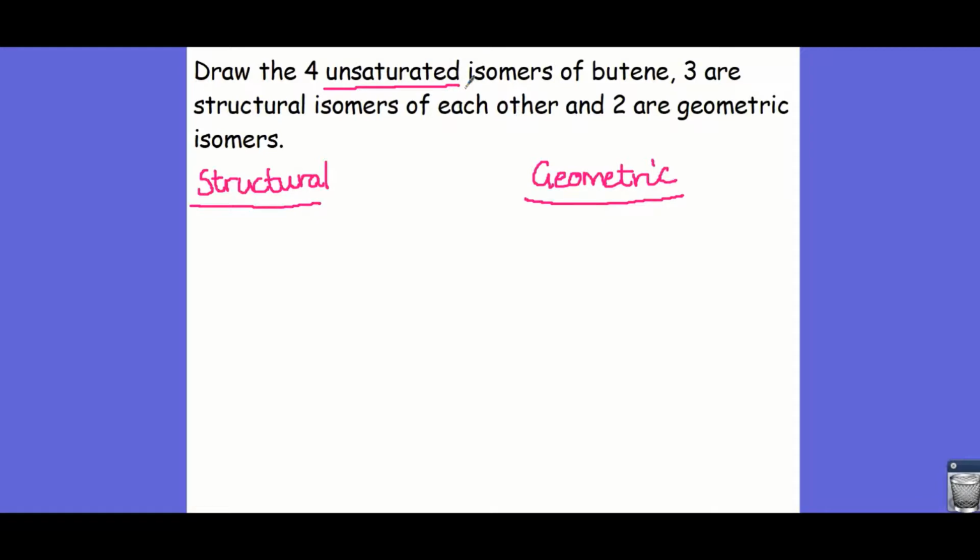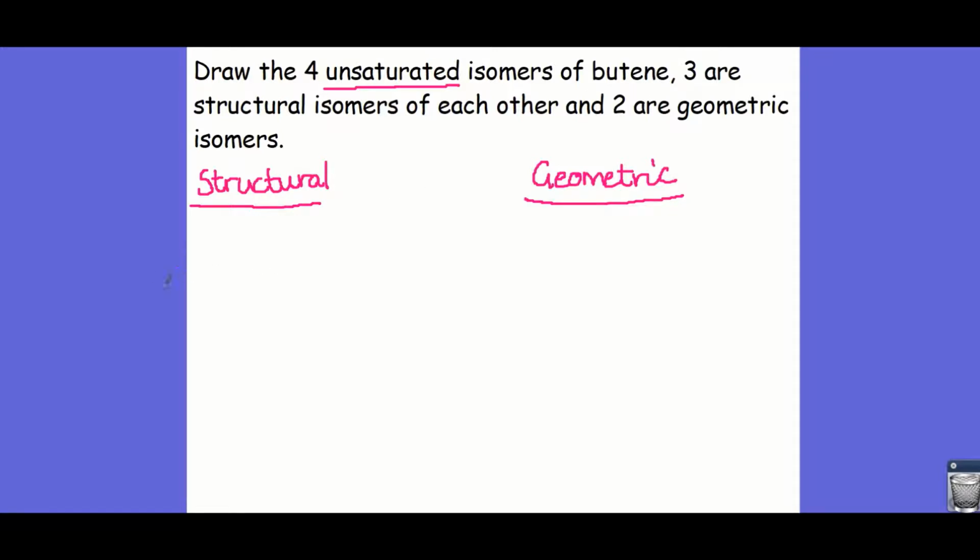It's all single bonds. So there are 4 unsaturated isomers of butene. 3 of those are structural isomers of each other, and 2 are geometric isomers. I'll explain why 2 and 3 doesn't equal 4 in a wee second if that's confusing you.